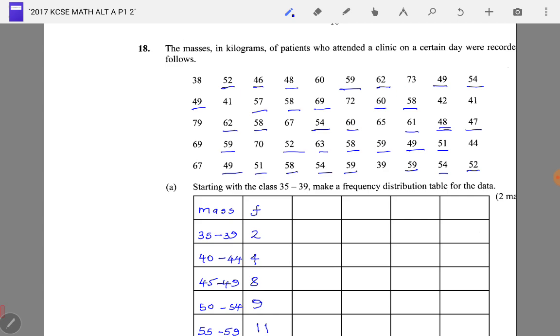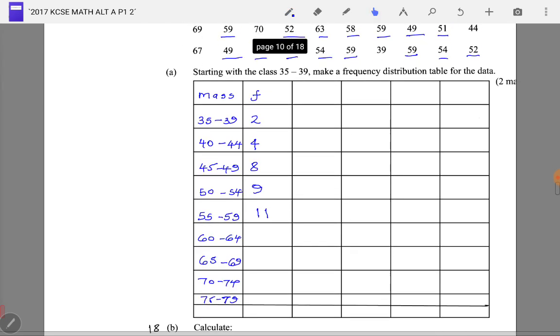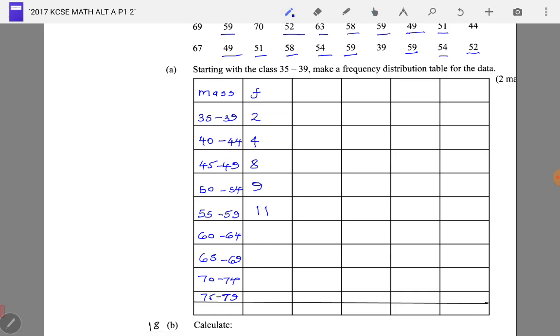So 60 to 64, we have 7. So we write frequency as 7. 65 to 69, we have 5. So we write 5. 70 to 74, we have only 3. And 75 to 79, we have 1.